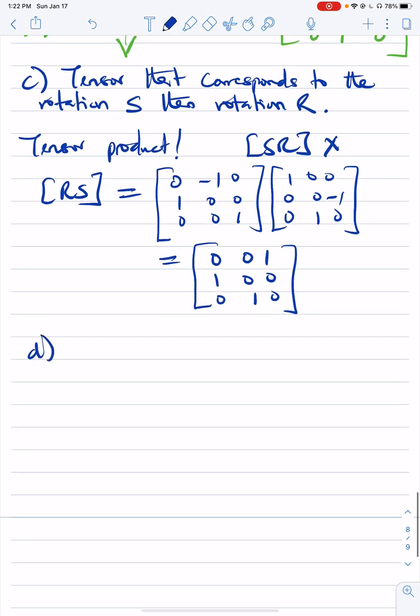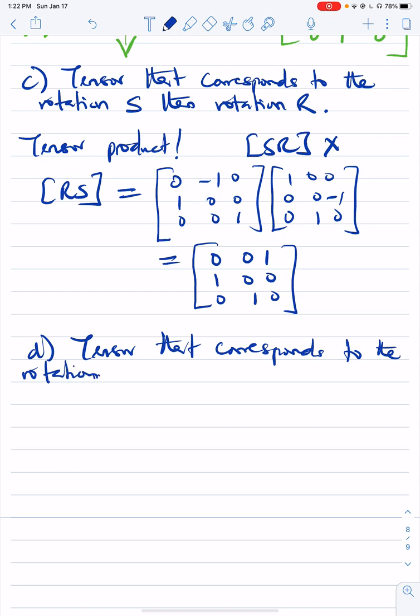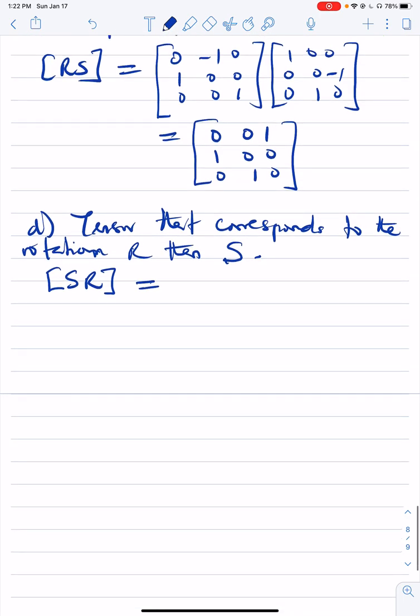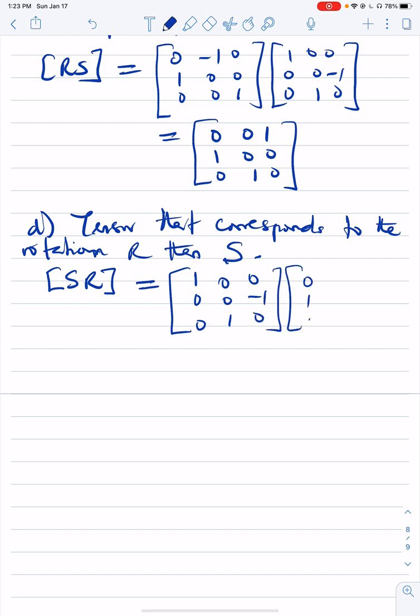Now, if the question says the tensor that corresponds to the rotation R, then S, then we know what you're supposed to write should be SR, right? So you just write the same matrices 1, 0, 0, 0, 0, 1, 0, minus 1, 0, and 0, 1, 0, minus 1, 0, 0, 0, 0, 1.